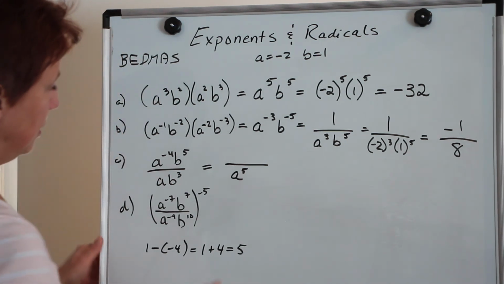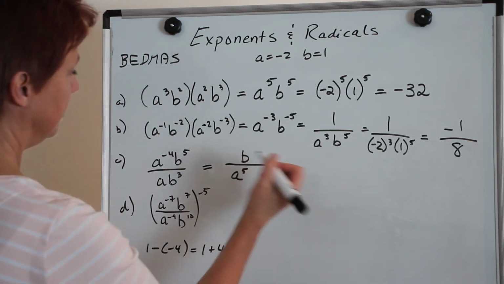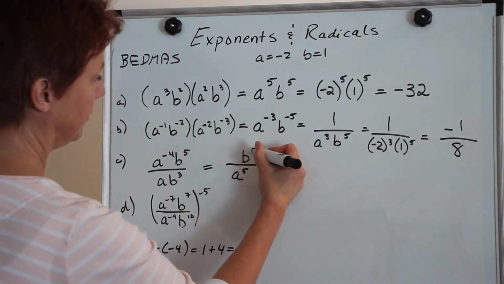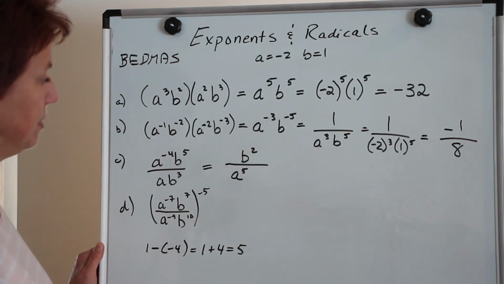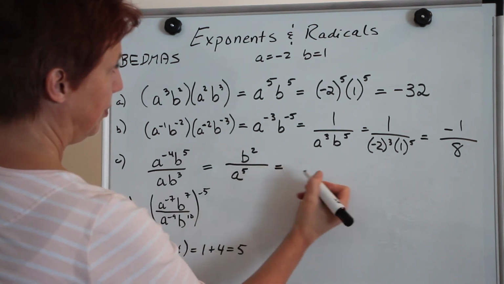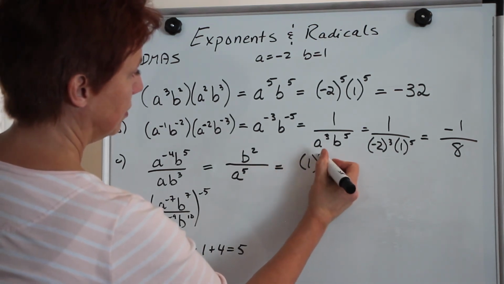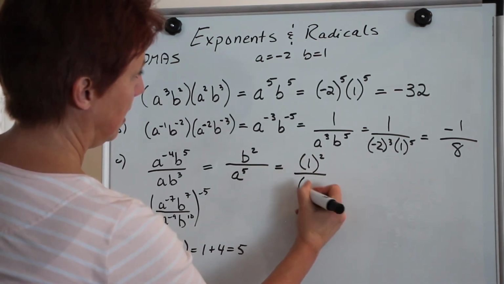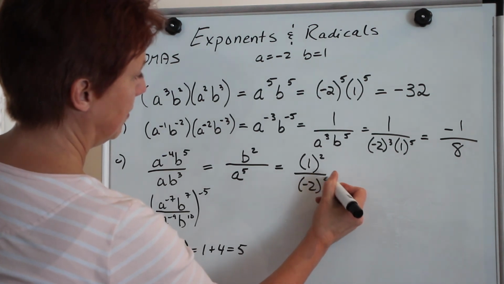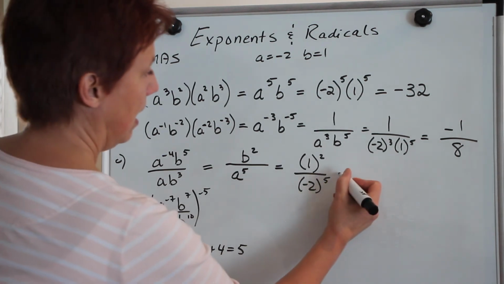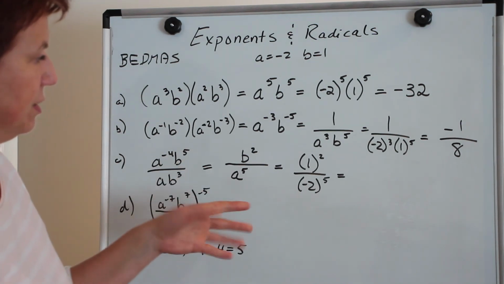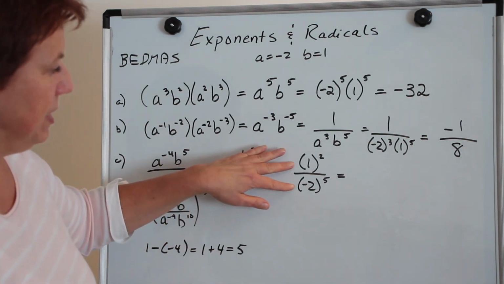Our b, the larger number in b is on top. So we have 5 minus 3, no negatives involved there. It's a little easier, it's just b squared. And now we'll put in our numbers. So we have 1 squared, and we have -2 to the power of 5. And once again, ask yourself, is your final number going to be negative or positive?